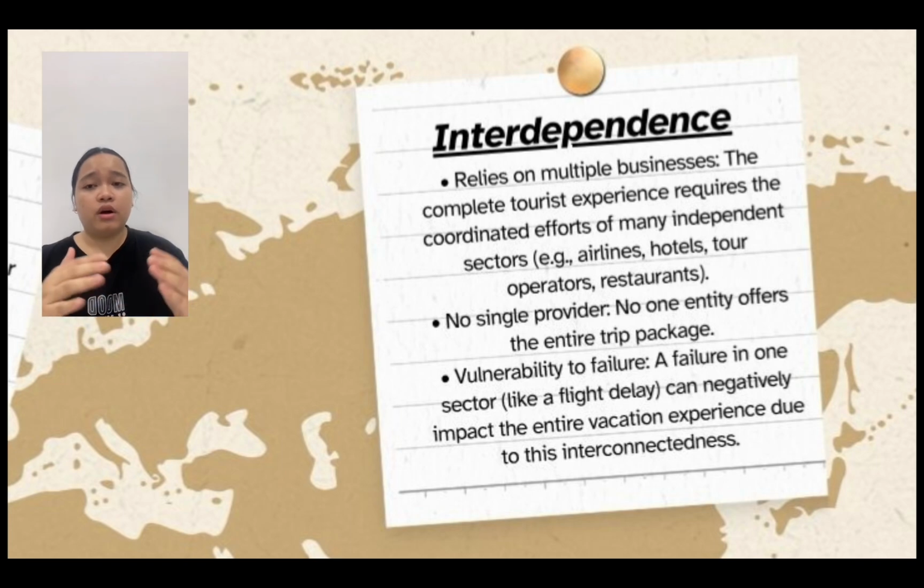If one part fails, for example, a flight delay or poor hotel service, it can negatively affect the traveler's entire trip. So this shows how essential collaboration and communication are within the tourism industry.